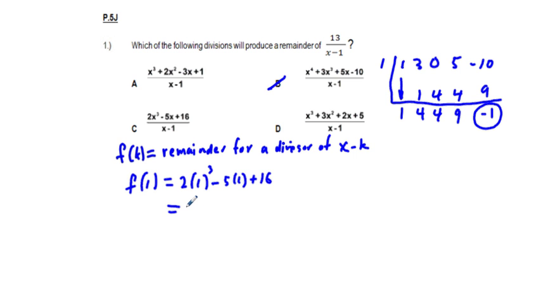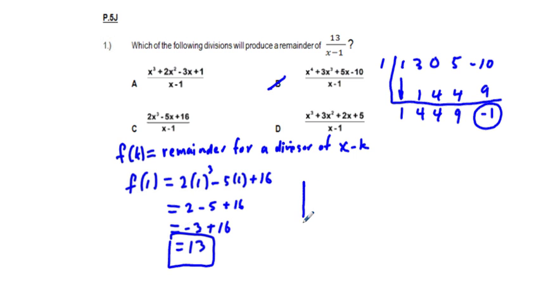That's 2 minus 5 plus 16, which equals negative 3 plus 16, which equals 13. So that's going to be our remainder.